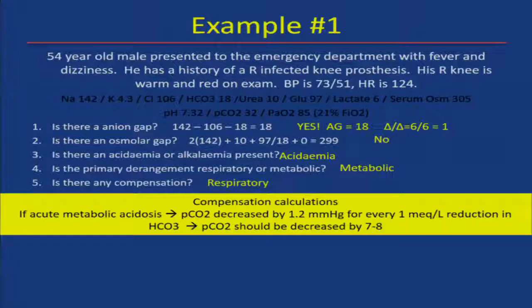Now, this kind of number helps me interpret a blood gas, because it helps me understand that if there's a metabolic acidosis and there is a reduction of bicarbonate by a millimole, that will be followed by a CO2 reduction of 1.2 millimeters mercury.